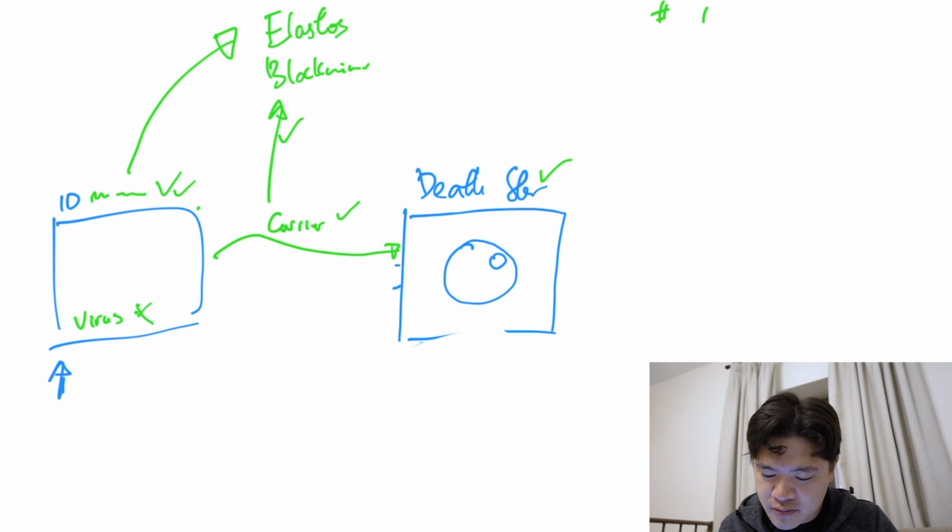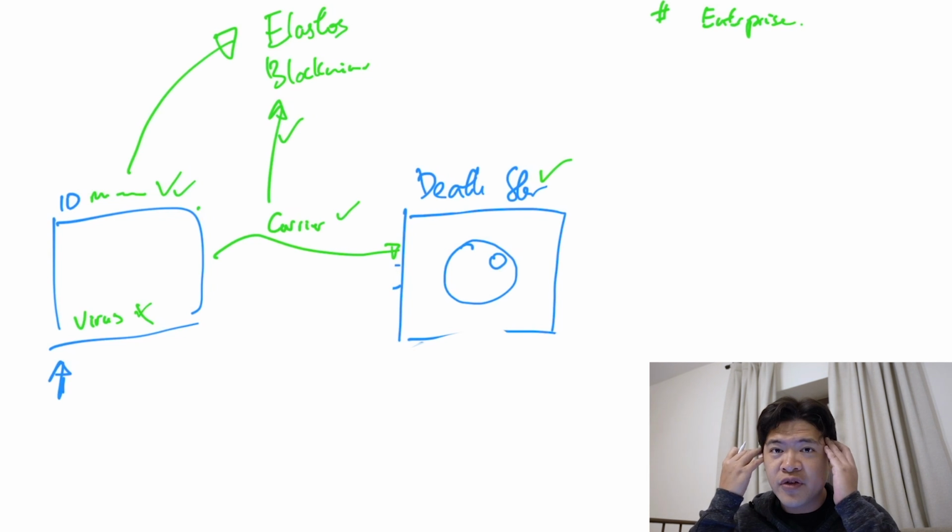So I think initially for enterprise, and right now enterprise, private, and secured hardware is very important, this is just a natural extension on top of that.